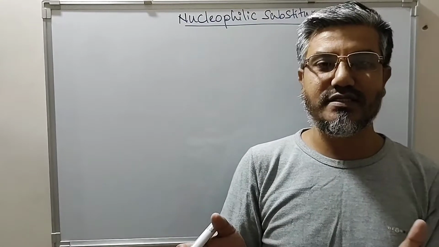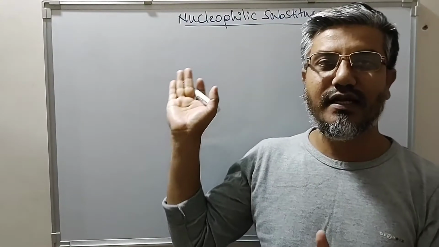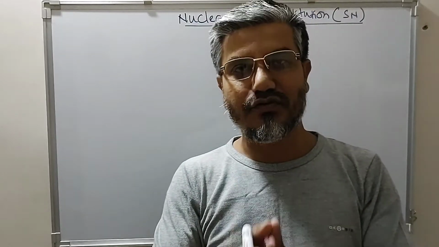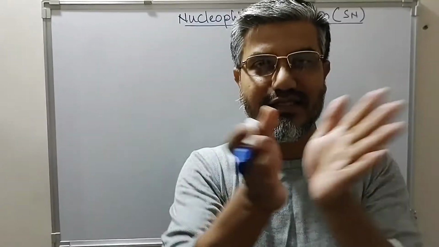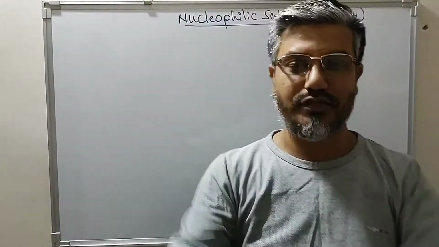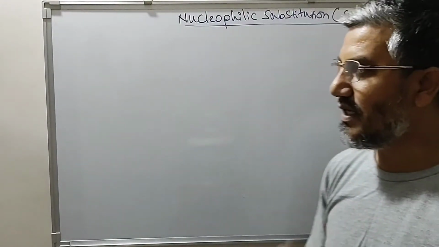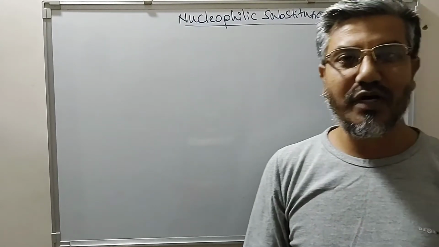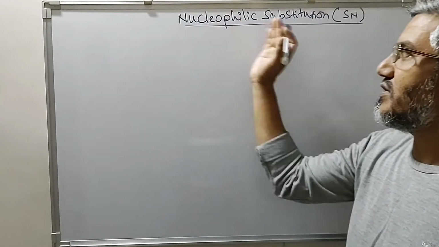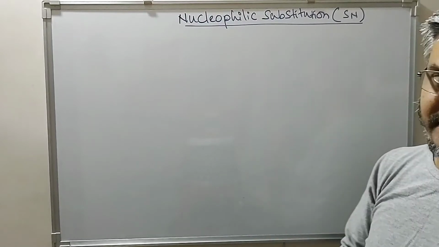Otherwise, these alkyl halides always give you substitution as well as elimination. Both are occurring simultaneously. That is what we call a parallel reaction. We have discussed in detail the elimination reactions in different pathways. Now we are going to focus on substitution reactions.